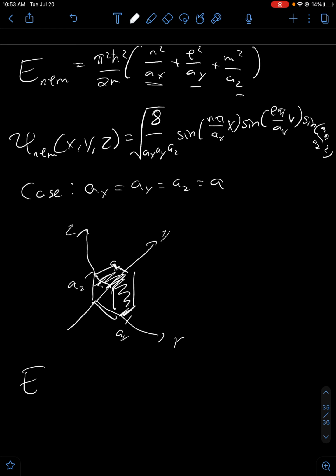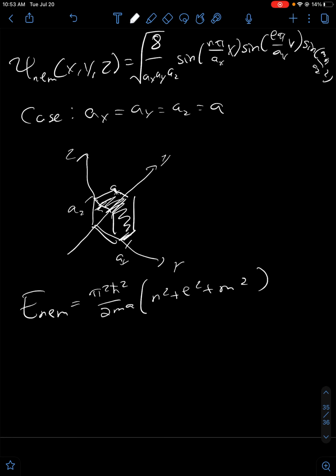So our energy, E_nlm, would then be π² ħ² over 2ma² times n² plus l² plus m². So E of 1, 2, 3 would be π² ħ² over 2ma² times 1² plus 2² plus 3².